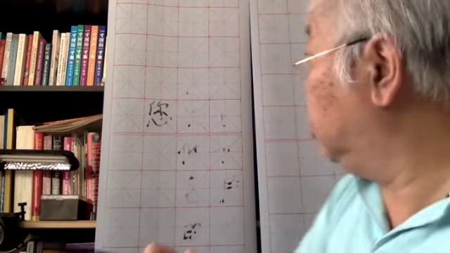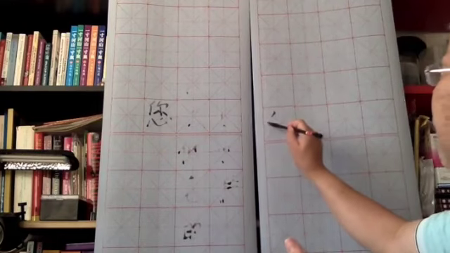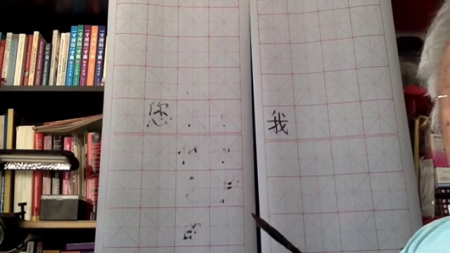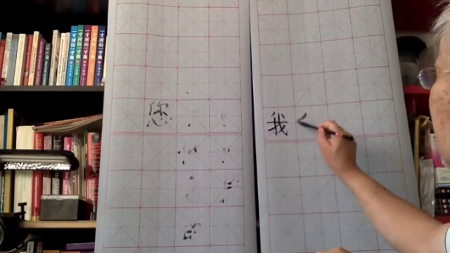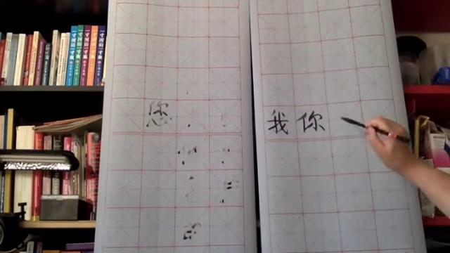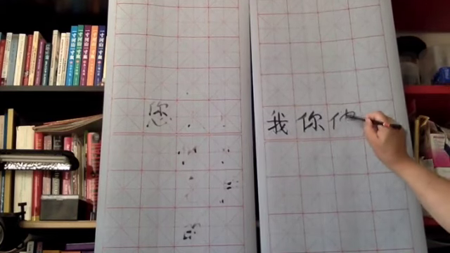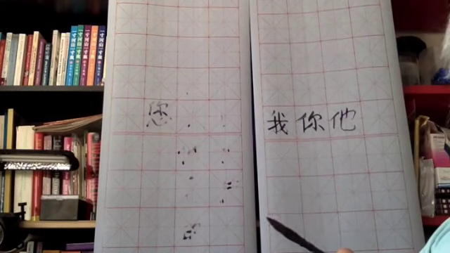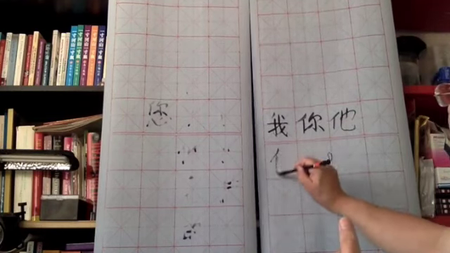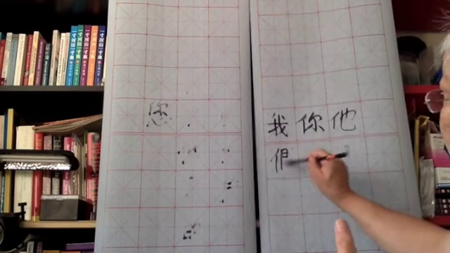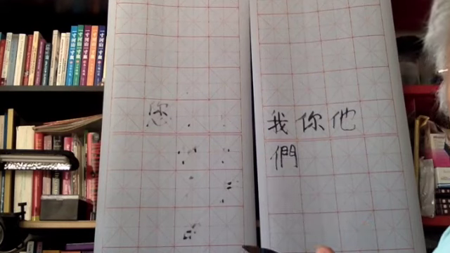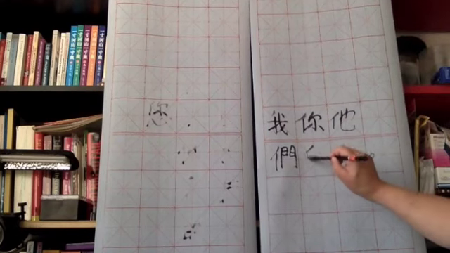The first person uses this word, the second person uses this word, and the third person this one. To make it into a plural, we add this. And to make it into a possessive, we add this.